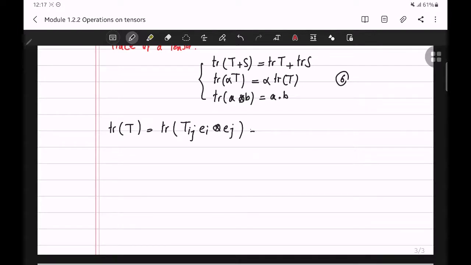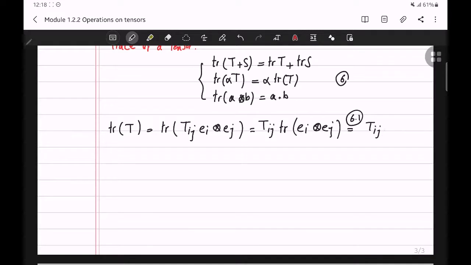Again, I emphasize, I can take out this Tij here. So I can say the trace of Ei dyad Ej. And here we already mentioned that 6.1 says that this is equal to A dot B. So this is Ei dot Ej.